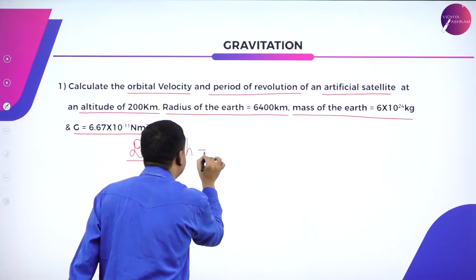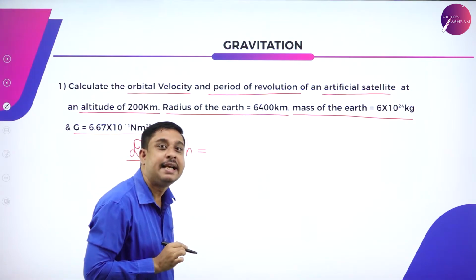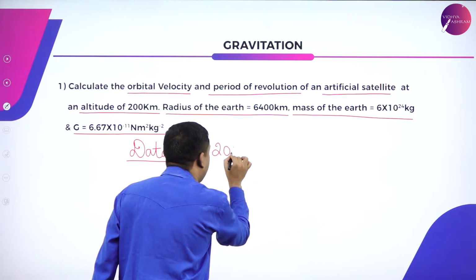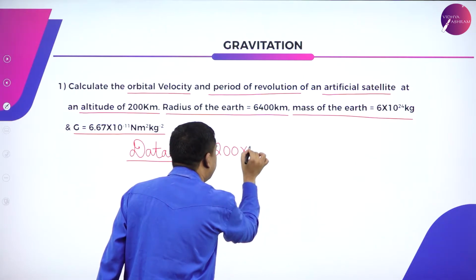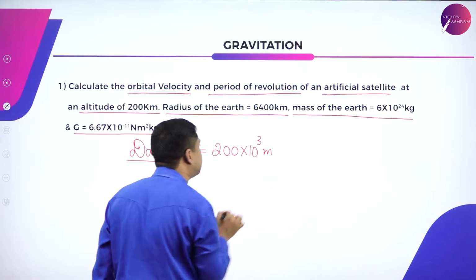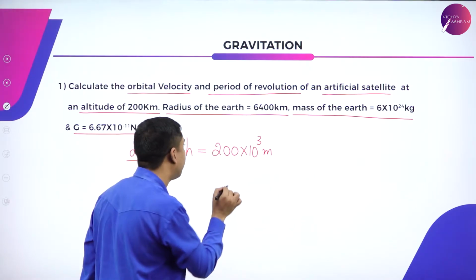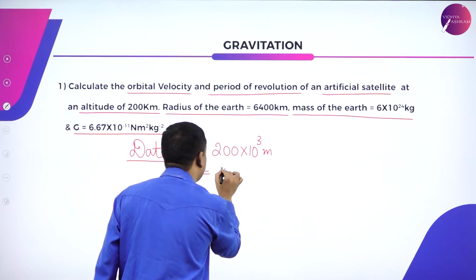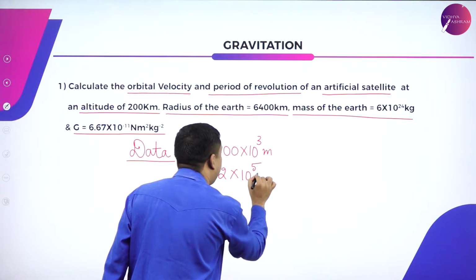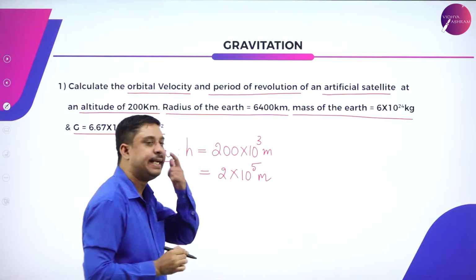So, height is 200 kilometers, that is 200 into 10 power 3 meters, which I also write as 2 into 10 power 5 meters.